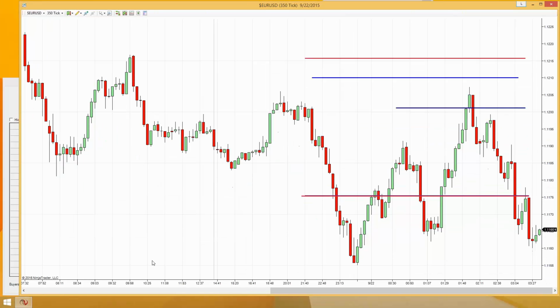350 tick, I would recommend it, and the reason being is you're only trying to figure out which side the market is gonna head by looking at tick by tick data.